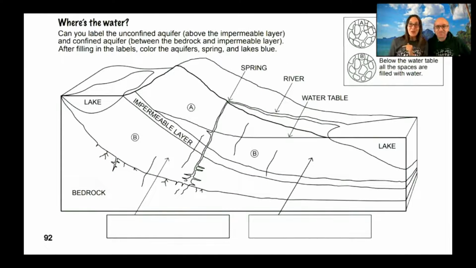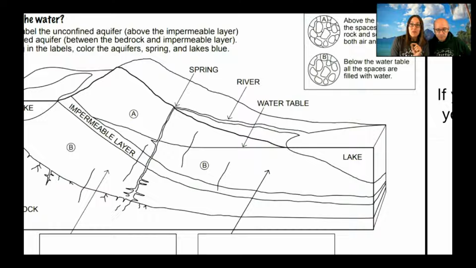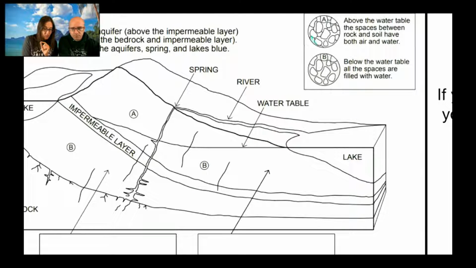But if you go down further in our word search, we have a little diagram where we show you how groundwater can sometimes get trapped in between layers. So let's zoom in a little bit and take a look right here. If you have rock that has air in it, so here we have a little bit of water that I've colored gray in the notes, and if there's water and air, then this is not fully saturated.